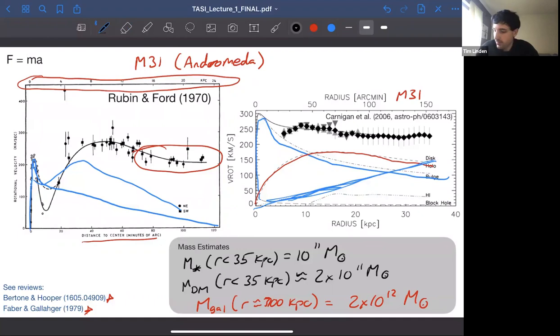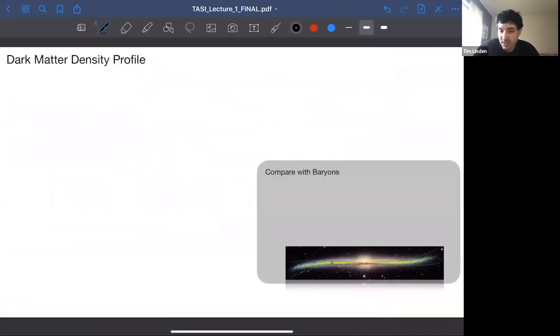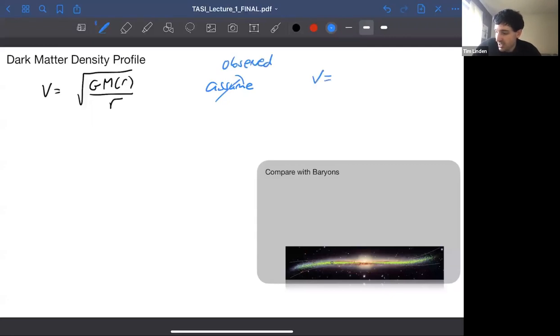So what do you do with this? You have some density profile. We can just turn this equation that we had before on its side. If V equals the square root of G M of R over R, and we want to assume, or we observed, I guess, let's say that we observed that V is constant.